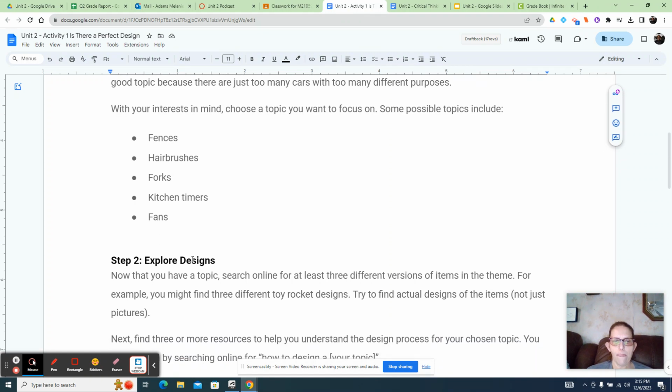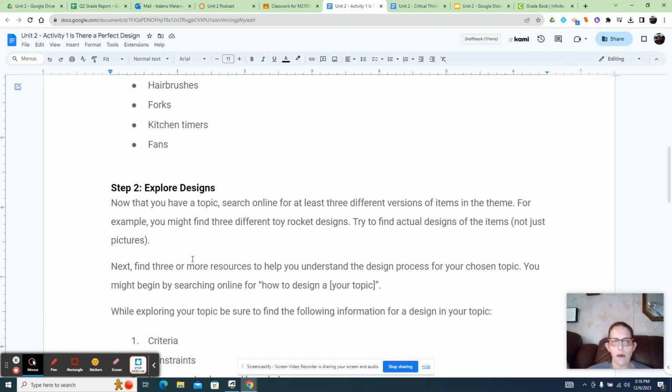hats, whatever. Once you pick your topic, you're going to go online and find 3 different versions of the same item. So 3 different versions of a hairbrush, for example.